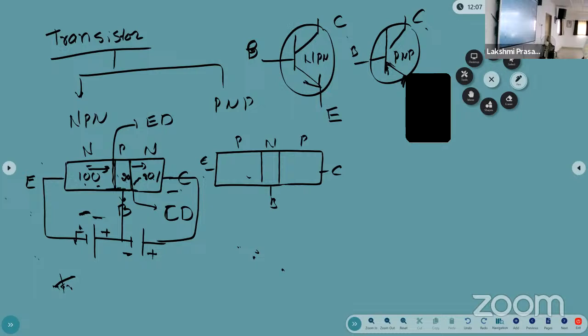Now, NPN or PNP, I will take only one transistor for the remaining topics. Usually, you will get the exam on NPN transistor only. So, I will take the NPN transistor. Now, how many terminals does the NPN transistor have? 3 terminals.